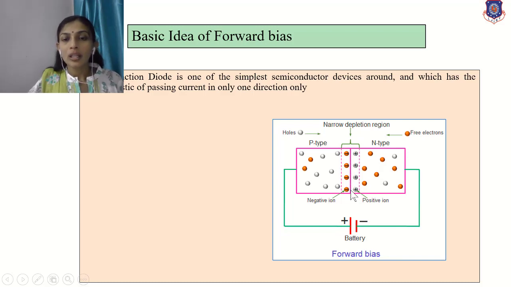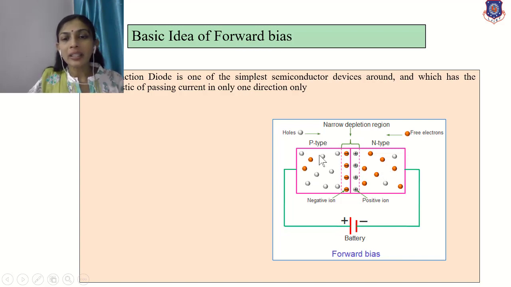But how is it created? That's the most important question, right? This is the battery connection, which is known as biasing. There are two types of biasing whenever you connect a battery with a PN junction.